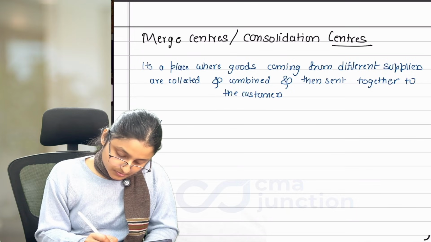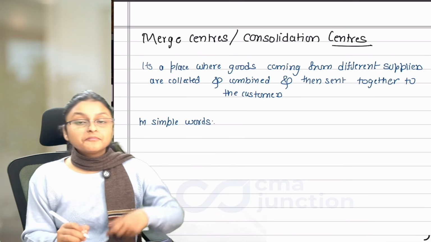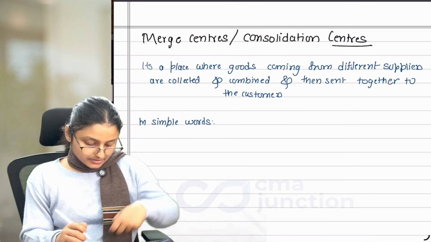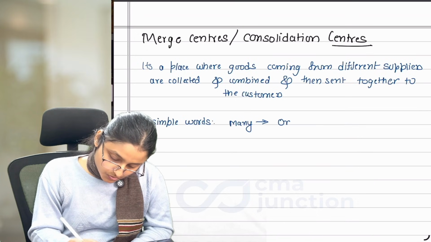In simple words, here the products come from many factories and are supplied to one dealer. Many to one.